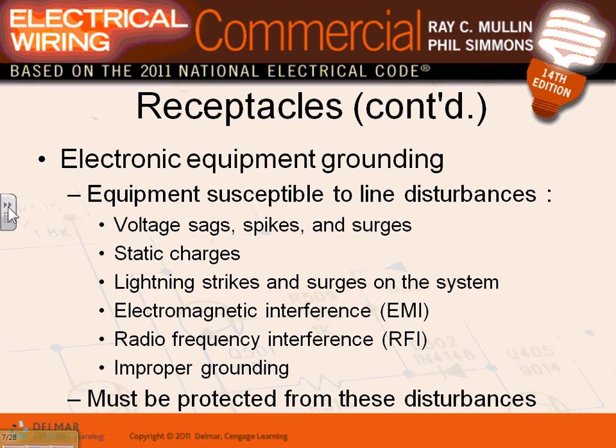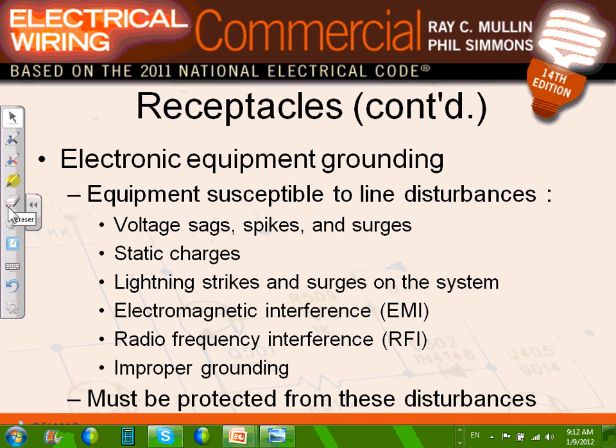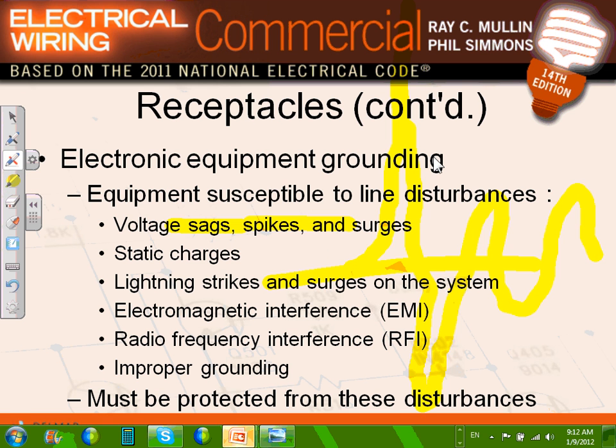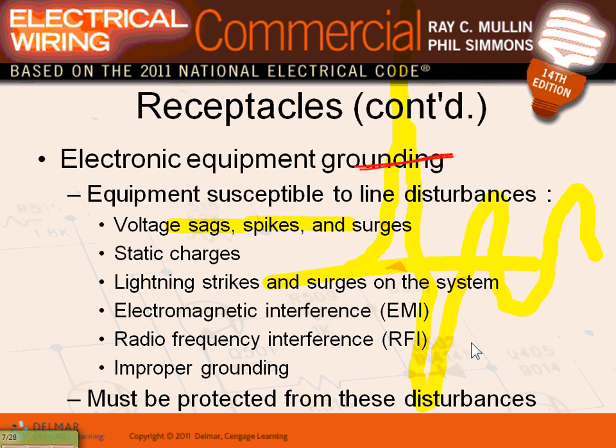So in a case like this, not only do you need an isolated ground receptacle, but also surge protective devices. Here's your voltage coming in, then it goes all the way up, gets distorted and comes back, goes down and comes back, and then goes back to normal. That's called a surge. That's a big surge. So what the surge protective device does is chop this piece and chop this piece.